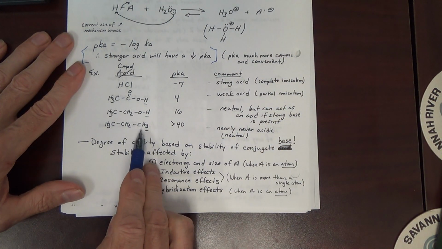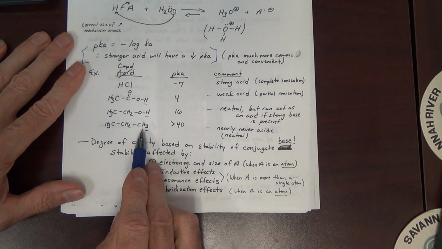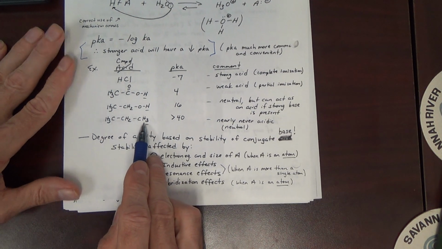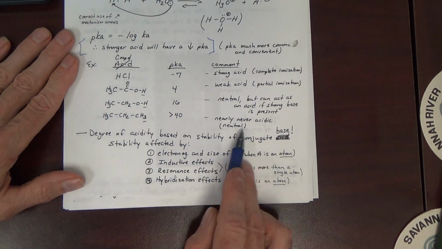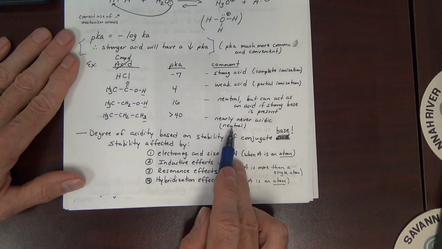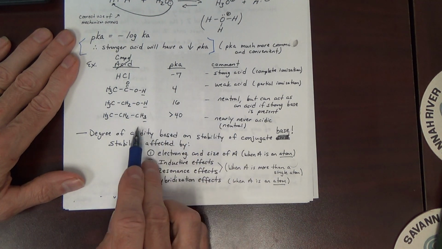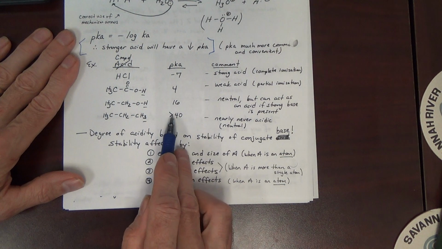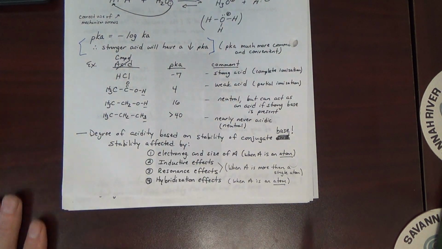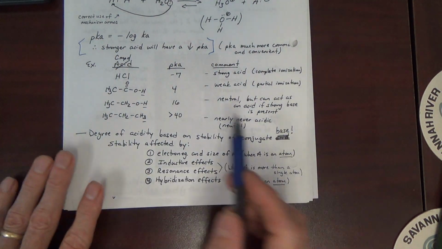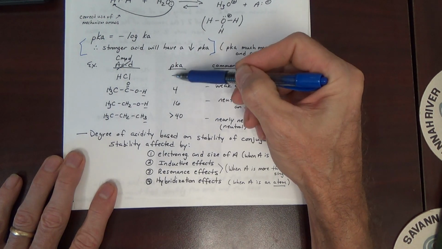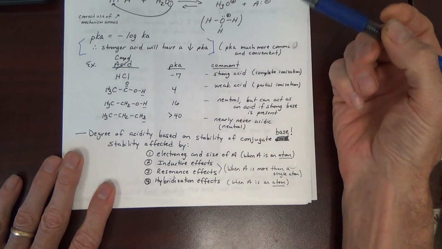Hydrocarbon CHs, these are rarely, if hardly ever acidic. They're usually never acidic, really neutral, very high pKa, and most hydrocarbons have a pKa like greater than 40. So again, stronger acids will have lower pKa's.